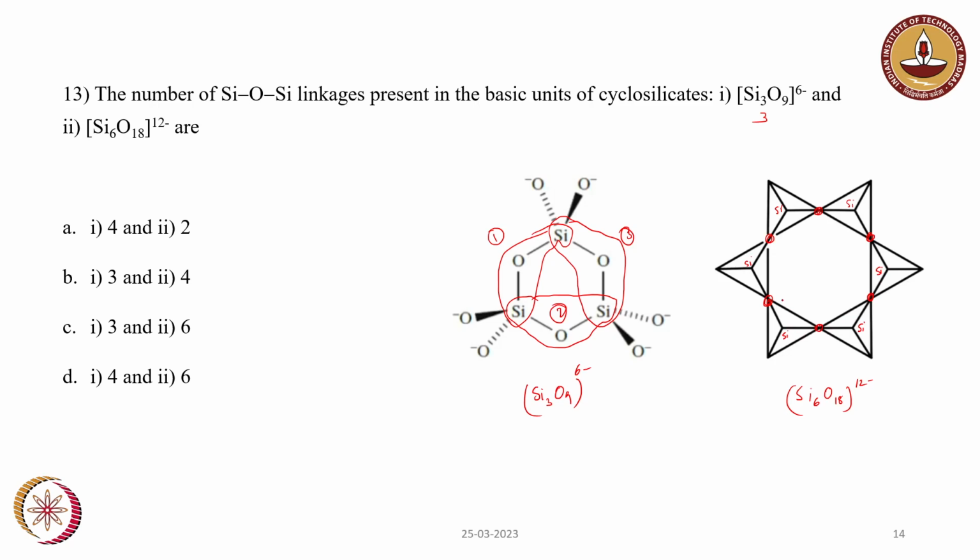So if we count Si, this one is 1, this one is 2, this one is 3, this one is 4, this one is 5 and 6. So there are 6 Si-O-Si linkages in Si6O18 12 minus. So option C is the answer.